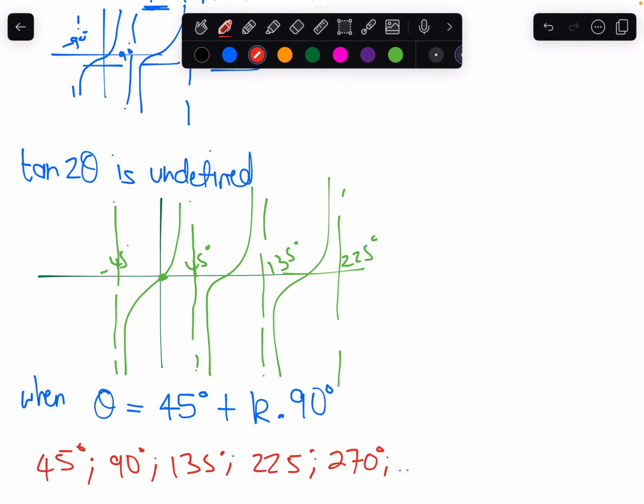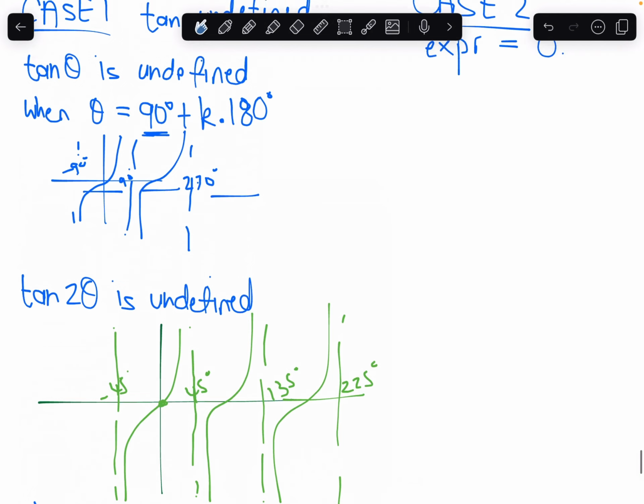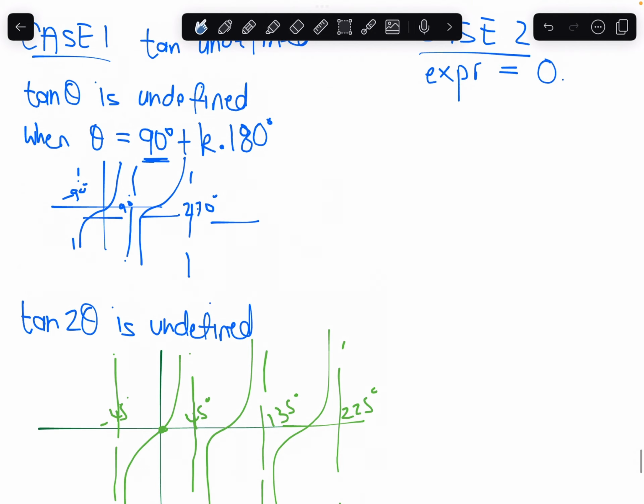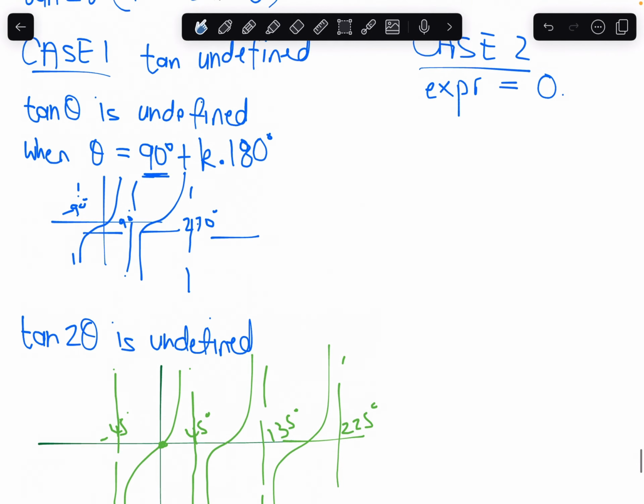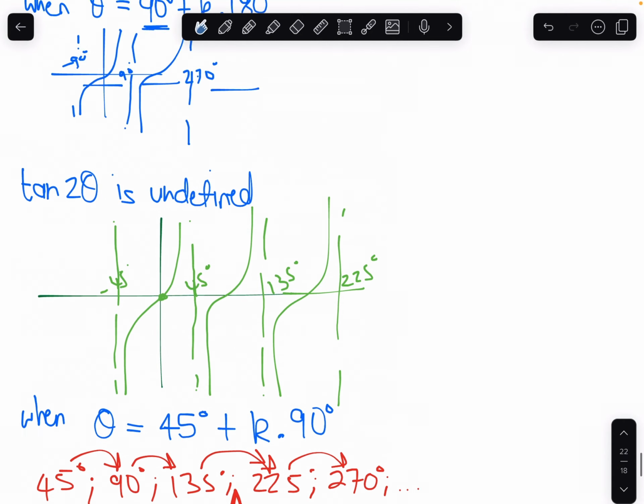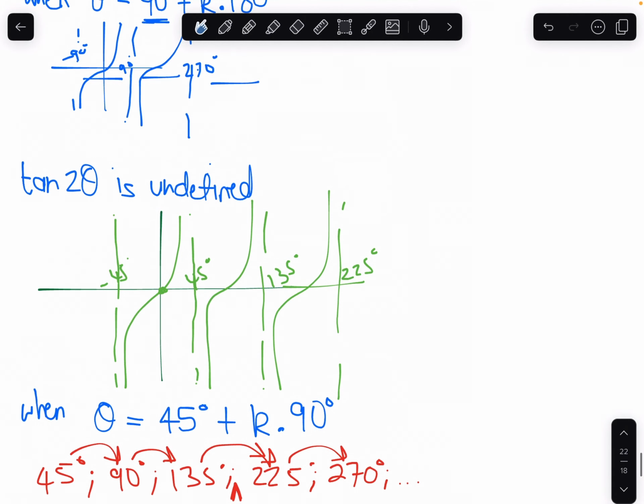Okay, so what's happening here? It was like we were adding 45, and then we added 90, and then we added 45 again. So here we kind of skipped 180, and 180 is not an asymptote for either of these. Anyway, I'm not going to stress too much about that for now, but just keep in mind that that's what's going on.